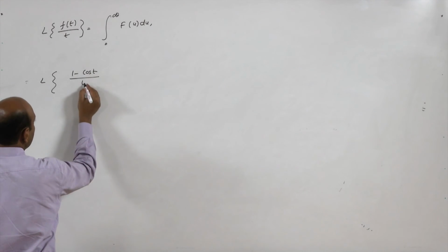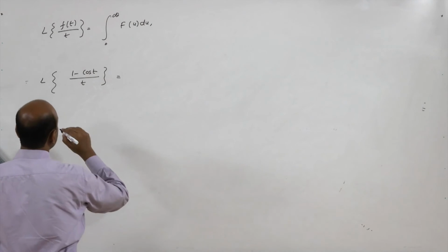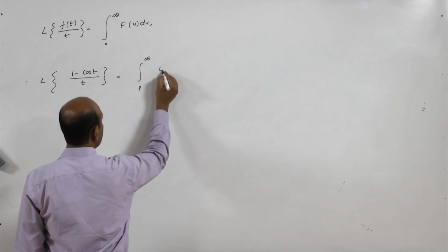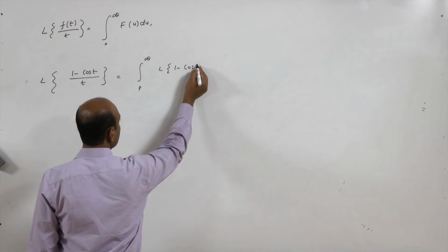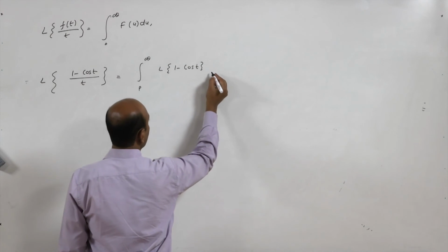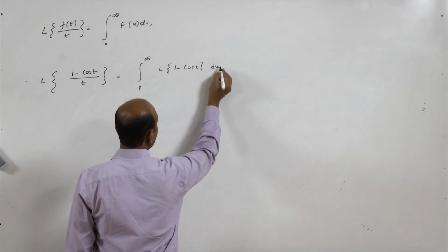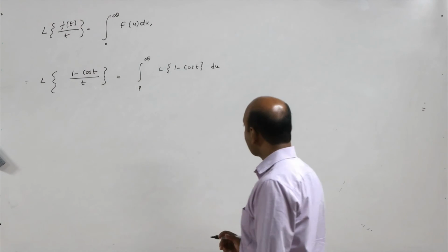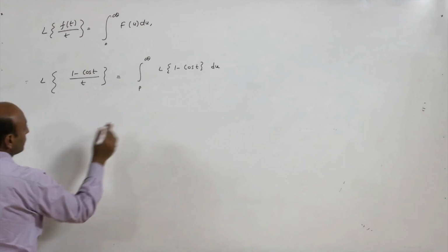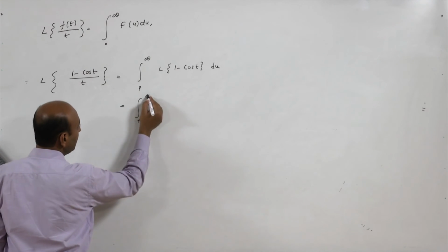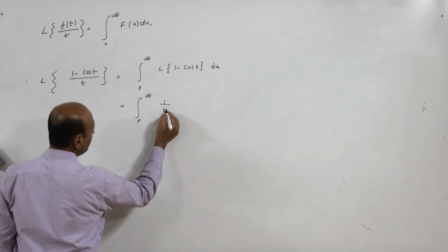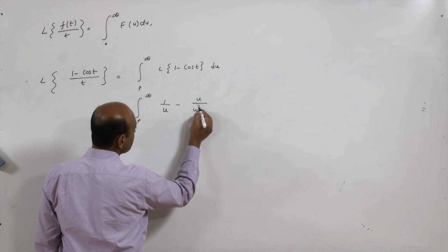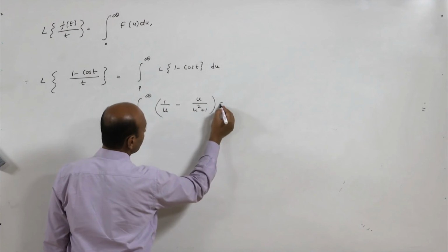First we find Laplace of this, which is nothing but the integral from p to infinity of Laplace of 1 minus cos t du, if we take it as f u. Okay. Now, this we can easily find: it is the integral from p to infinity of 1 by u minus u upon u square plus 1 du.